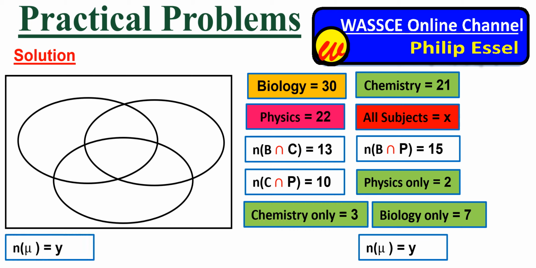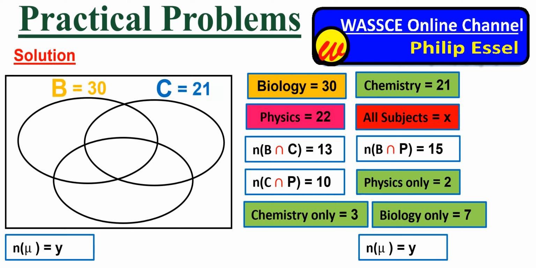The circle on the top left represents the students that read biology, so it is represented by B equals 30. The circle on the top right represents the students who read chemistry, so we represent this by C equals 21.